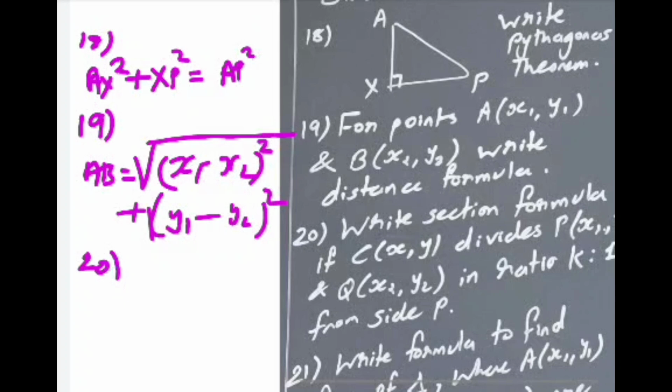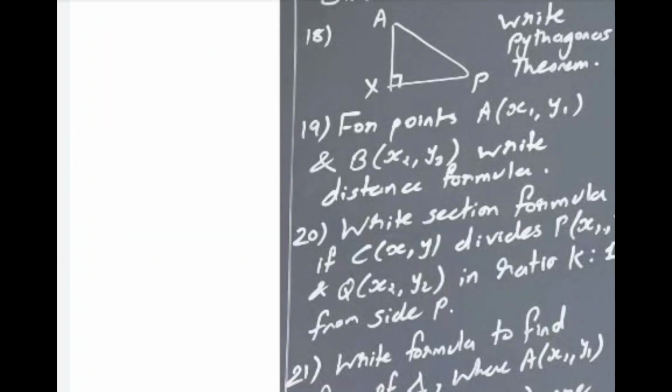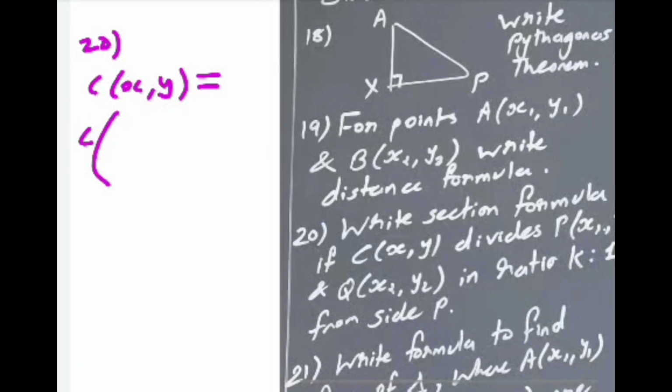Write section formula. Okay, so let's write the section formula. Now see here, C x y divides, so write C x y, that is equal to C in bracket, in the ratio k is to 1.